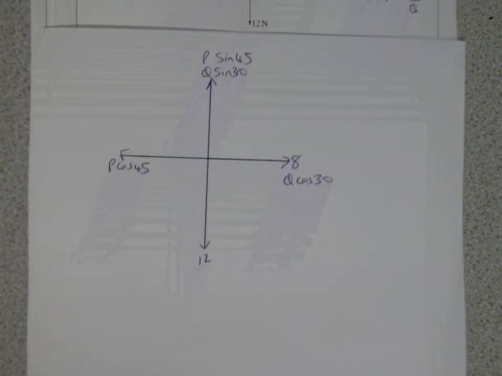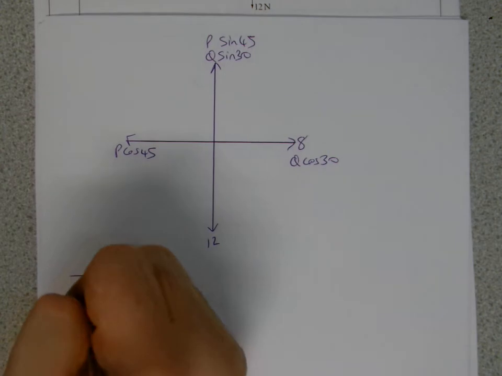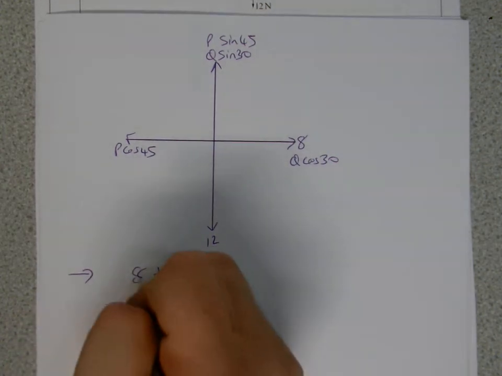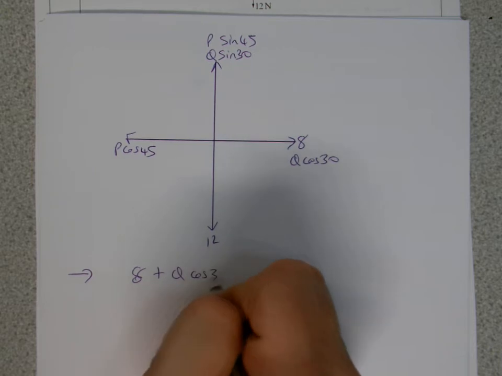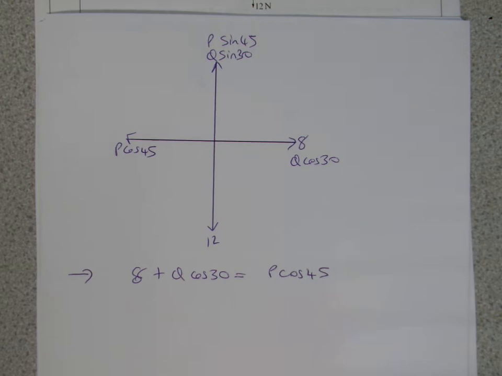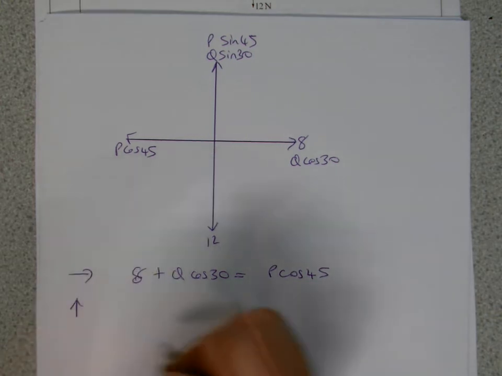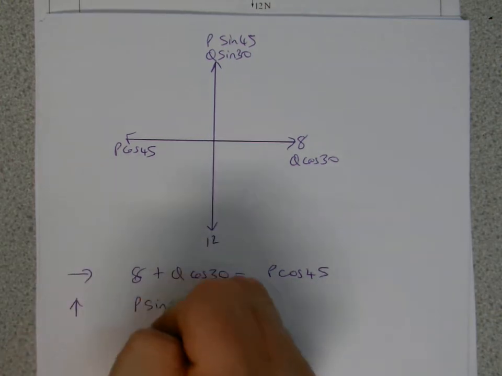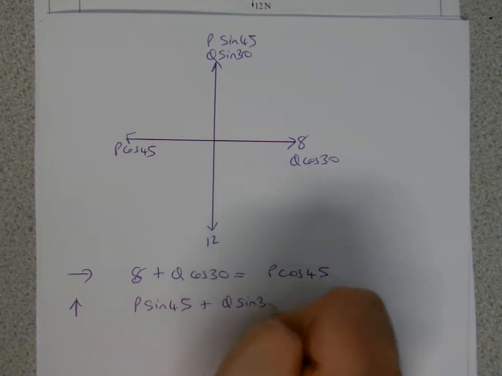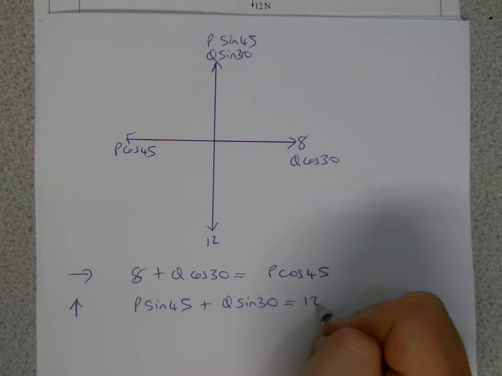So now the forces in equilibrium. In the x direction, 8 plus Q cos 30 will equal P cos 45. And in the y direction, P sine 45 plus Q sine 30 will equal 12.